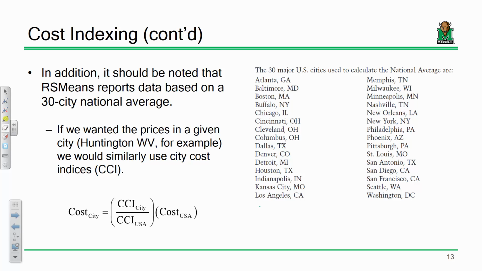So not only are we going to need to adjust costs based off of time, we're going to need to adjust them based off of location, okay? Very similarly, it's a similar ratio. Divide by the cost index for America, multiply it by the cost index for your given city, and there you go.